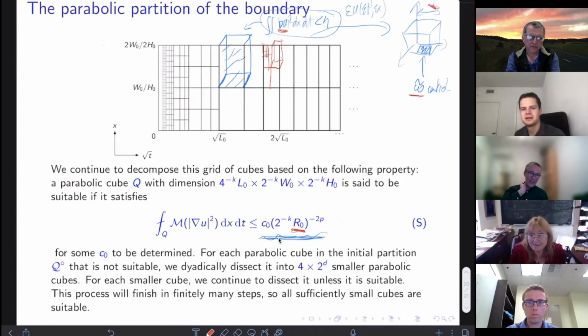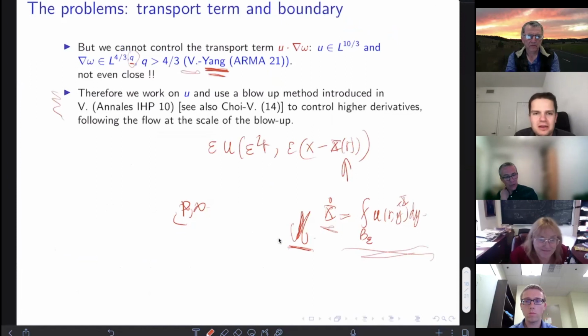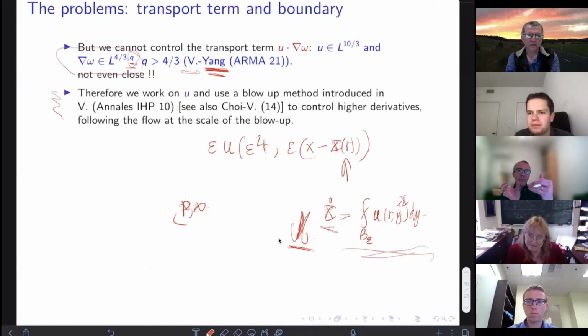No, but you're right. This is a limit case which is really terrible, right? Here you're completely right. One of the difficulties was to work not on gradient u squared, but on the maximal function of gradient u to a power strictly smaller than 1, right?